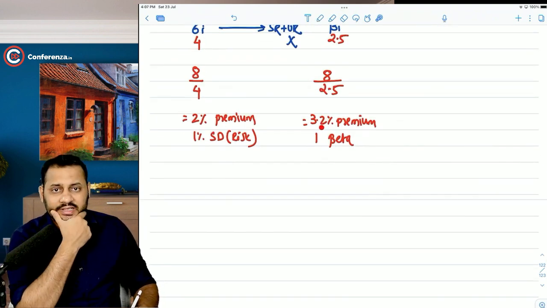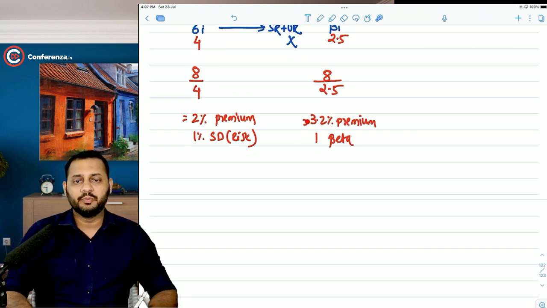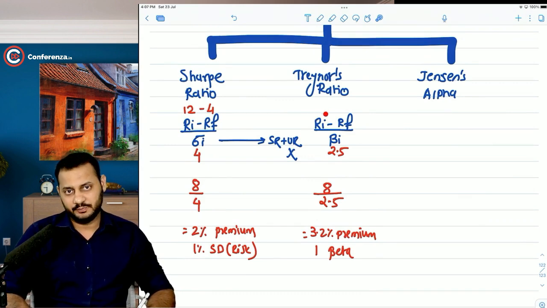So this is exactly the beta of the market. So if we take the risk exactly equal to the market, we are getting 3.2% extra by investing in the stock. The market premium Rm minus Rf should be maximum this much.